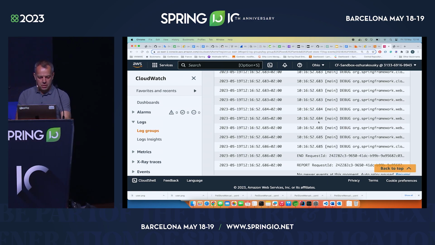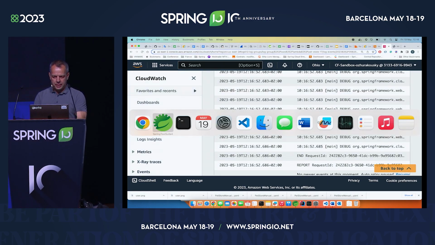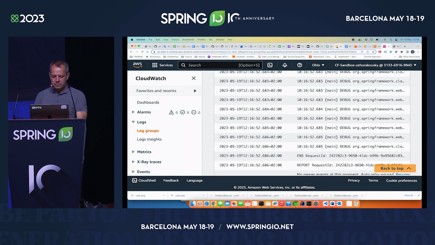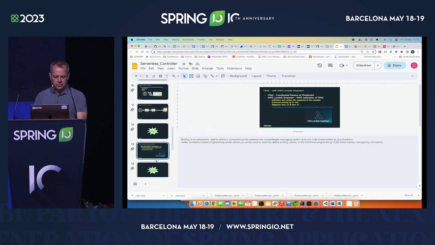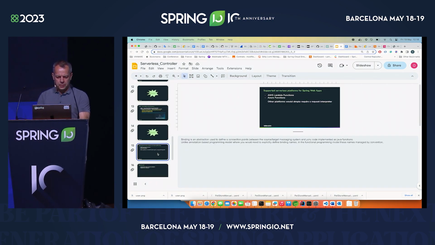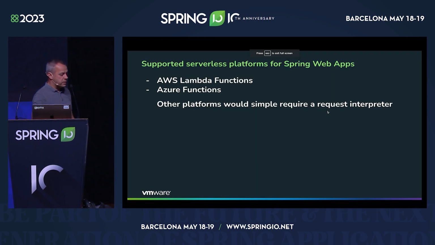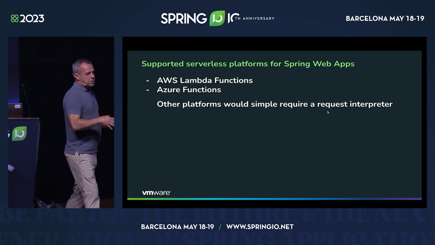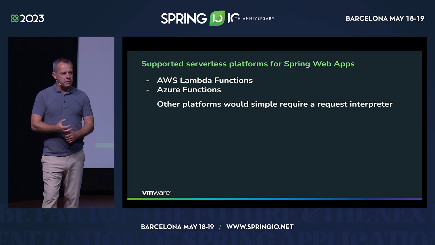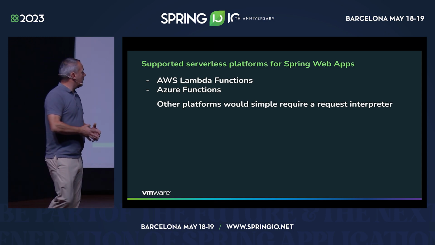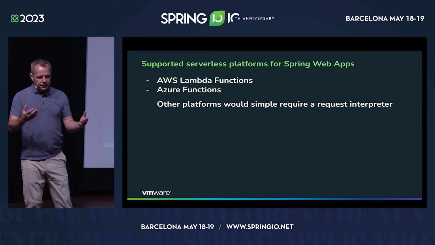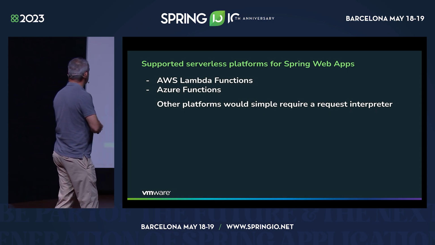Okay, we're pretty much wrapping up, so just a couple more slides. Currently, for this initial support of deploying web workloads, we support AWS Lambda function and Microsoft Azure Function.